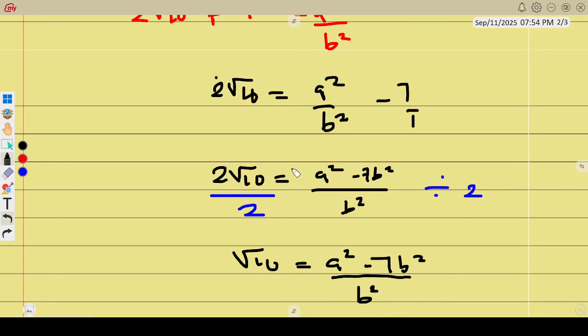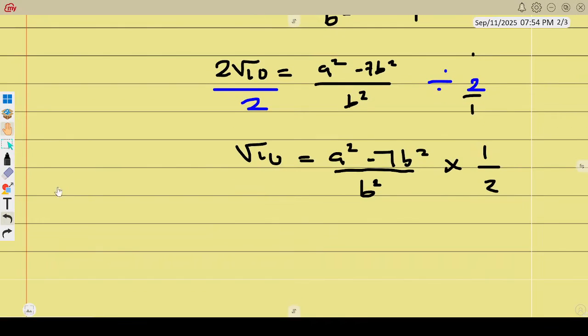So this is divided by 2, so 2 is over 1. If we change it to multiplication, it's going to be 1 over 2. Yeah, so this question, and then from here, this is root 10 is equal to a squared minus 7b squared.